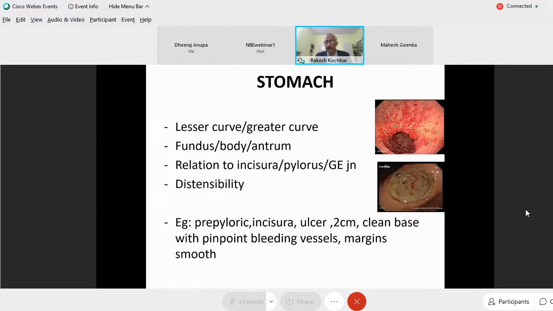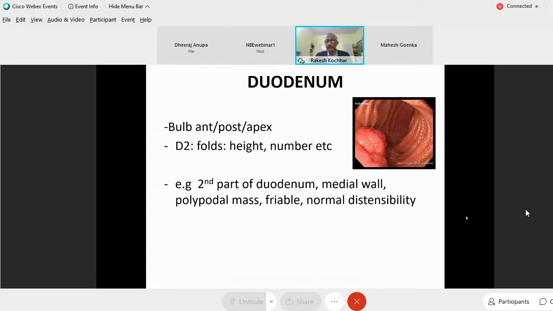So in this particular case, there is a pre-pyloric lesion at the incisura, which is ulcerated, 2 centimeters in diameter, with a clean base with pinpoint bleeding vessels. You see these small bleeding vessels which are oozing a small amount of blood. The margins of the ulcer are smooth. So this will be a complete description of this ulcer, this lesion, and this will be a benign ulcer.